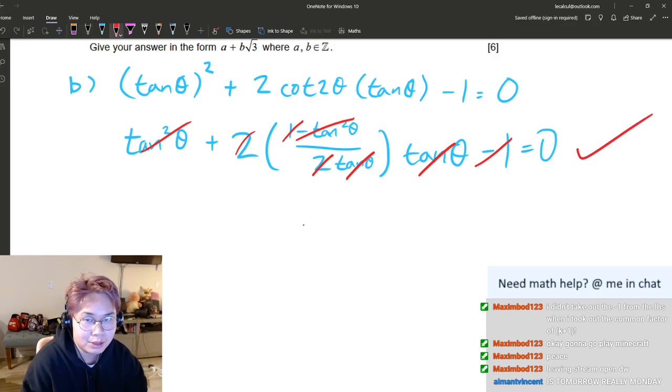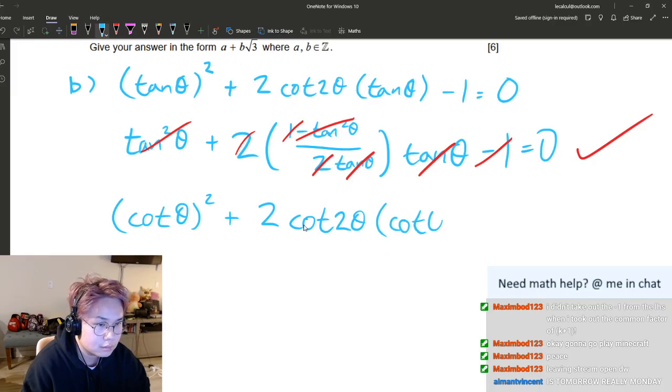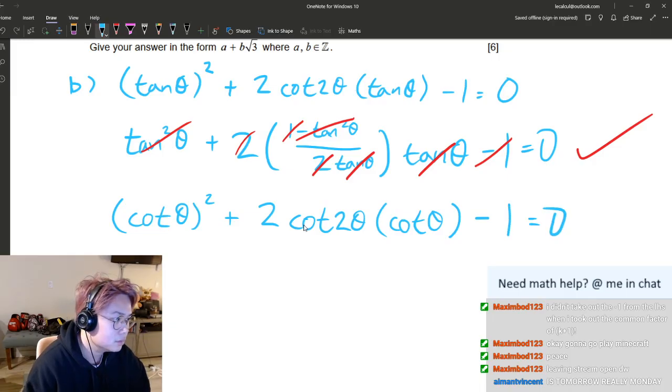And let's repeat the process with cotangent. Ooh, Chrono Trigger.